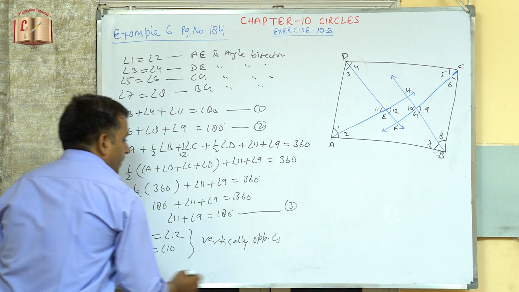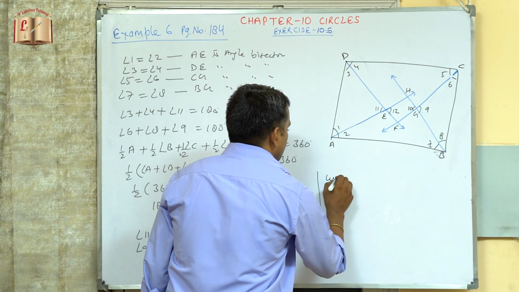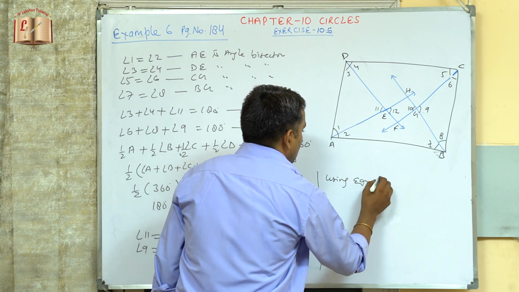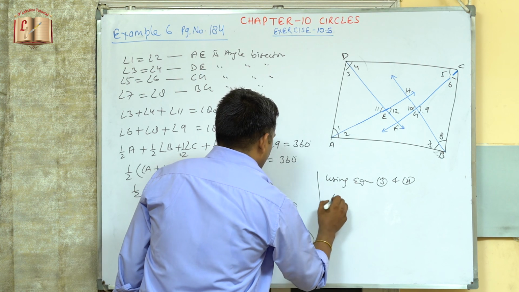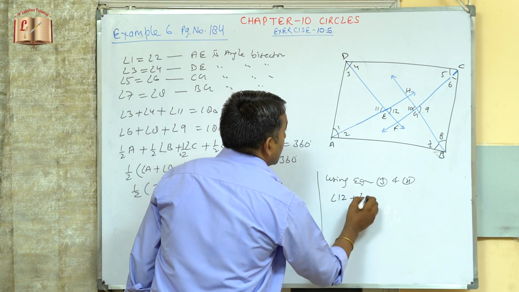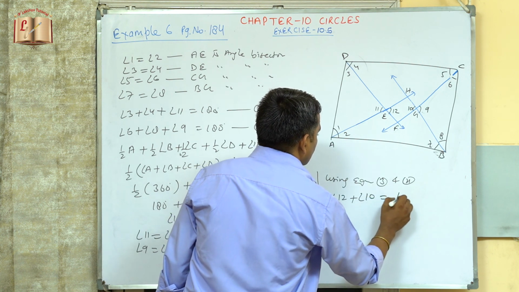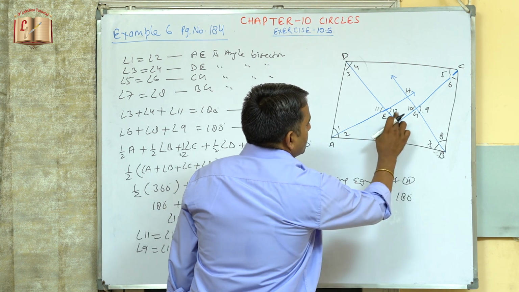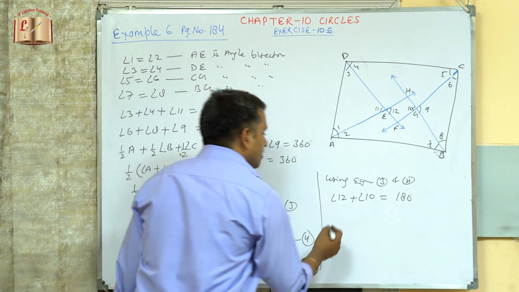So this is equation number 4. Now using equations 3 and 4, we can write angle 12 plus angle 10 will be equal to 180 degree. So since the sum of opposite angles is 180 degree, it is a cyclic quadrilateral.